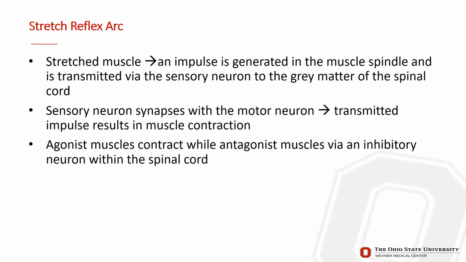When we talk about that, we talk about this reflex arc. Basically, when a muscle is stretched, an impulse is generated and transmitted through a neuron in the spinal cord. As that neuron synapses with what we call a motor neuron, it can transmit the impulse to contract the muscle.